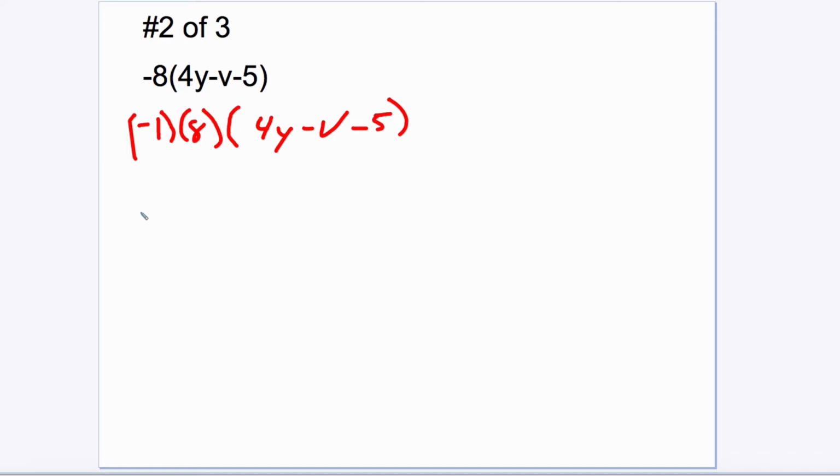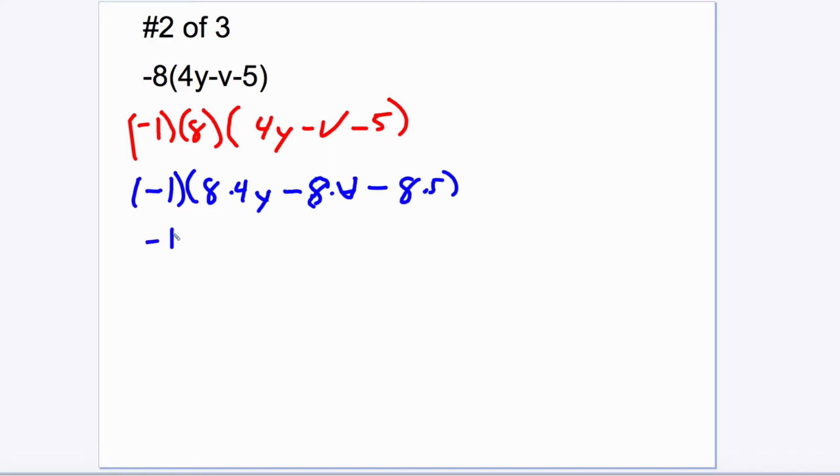And that is, for the next step, I'm going to leave -1 outside, and then inside I'm going to do 8 times 4y minus 8 times v minus 8 times 5. Now, the advantage of this way is I get to multiply 8 through and don't have to worry about this negative sign out here.